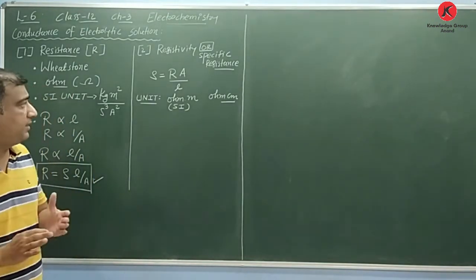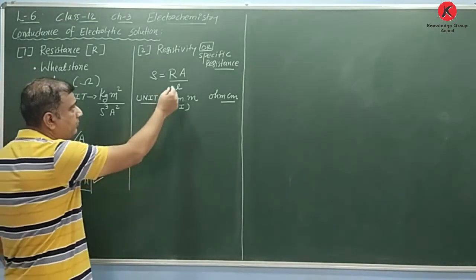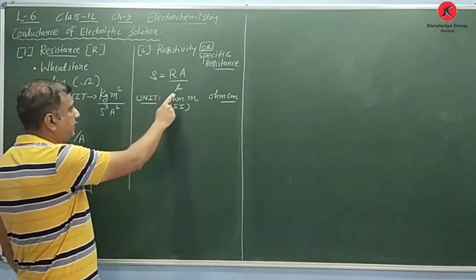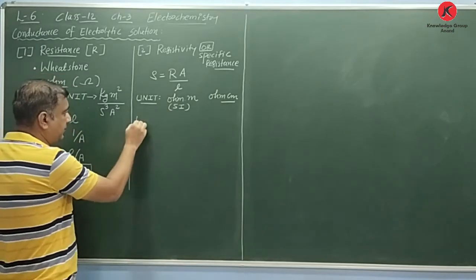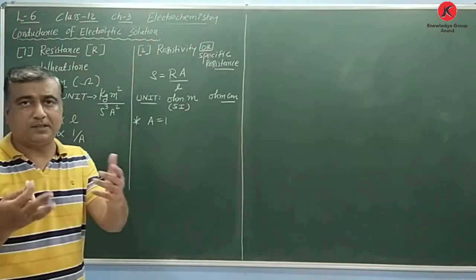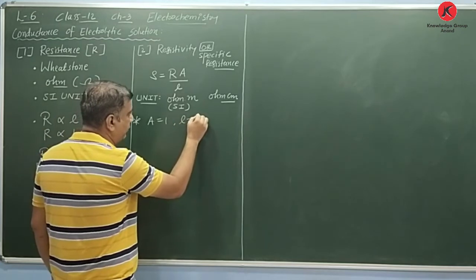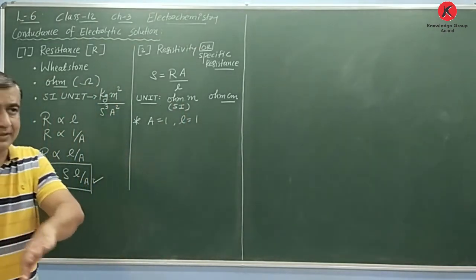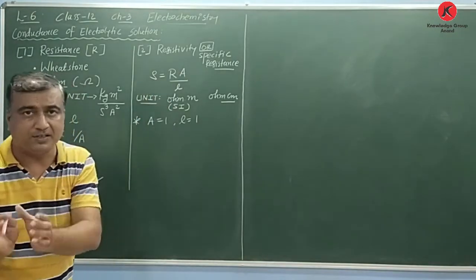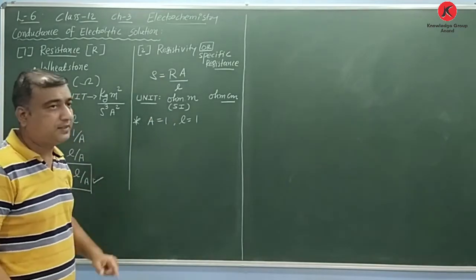Now what is the definition of resistivity? Resistivity is actually one type of resistance, because when area is taken as 1 unit and length is also 1 unit, that means A equals 1 centimeter square or meter square, and length is 1 centimeter, otherwise 1 meter, then the resistance of the substance is equal to the resistivity.